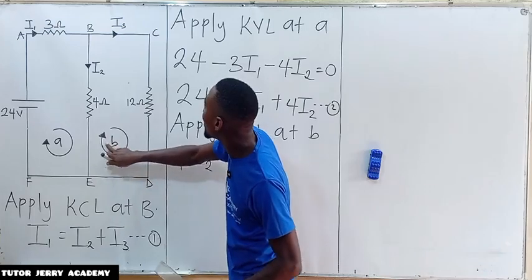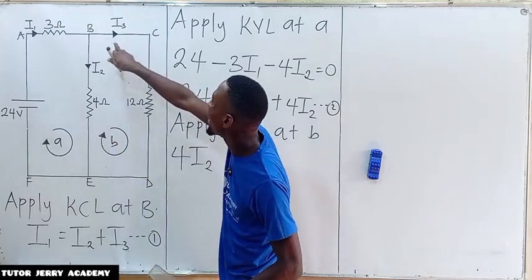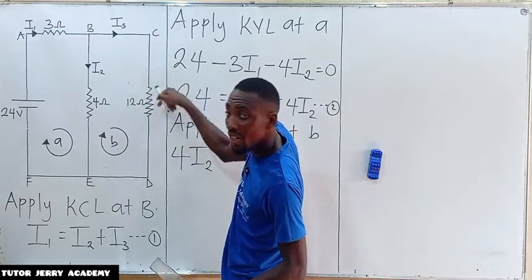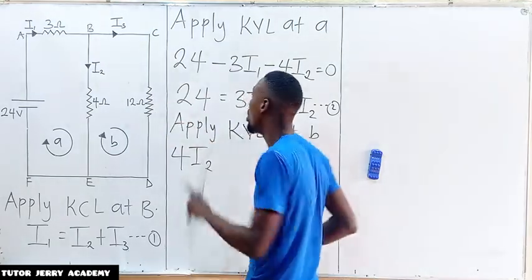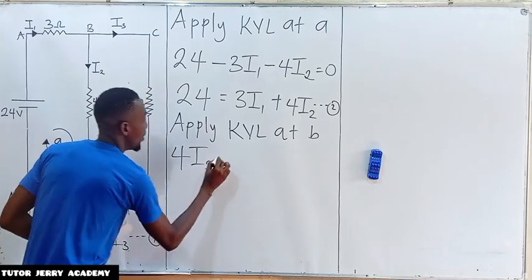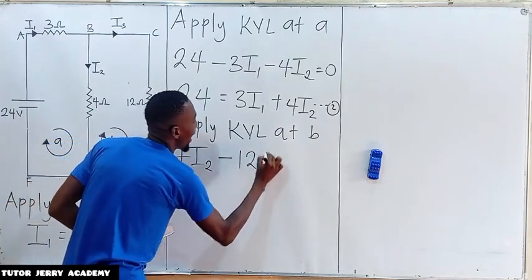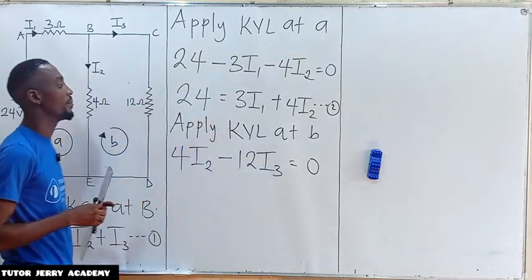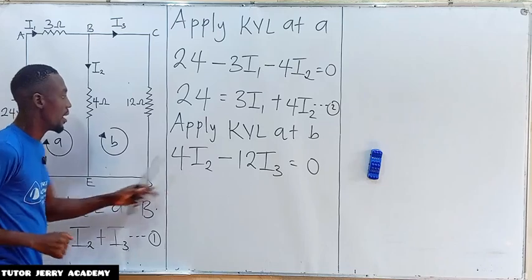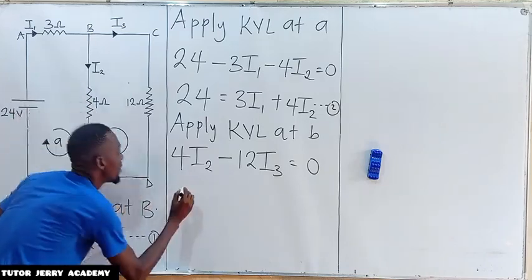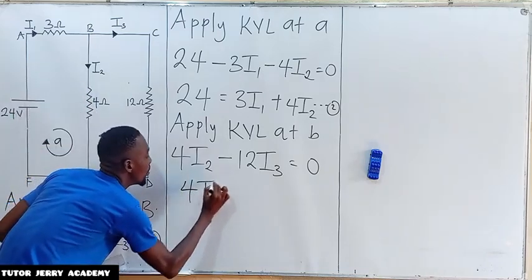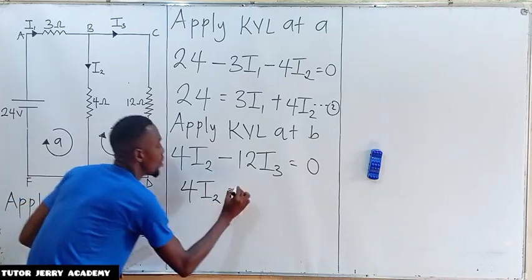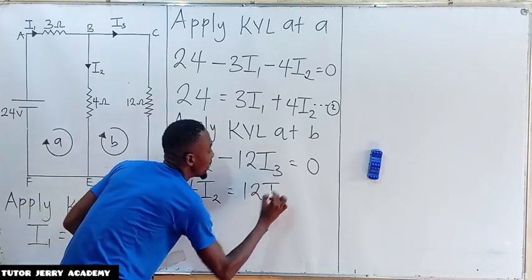Now you can see the direction is going the same direction as I3, and I3 will flow through this 12 ohms resistor. So it's going to be minus 12I3, which will be equal to 0. Now from this equation, we can say that 4I2 will be equal to 12I3.